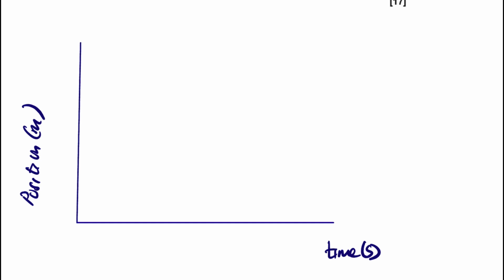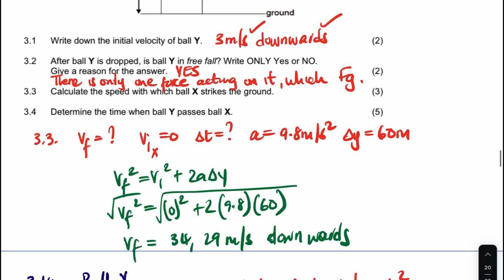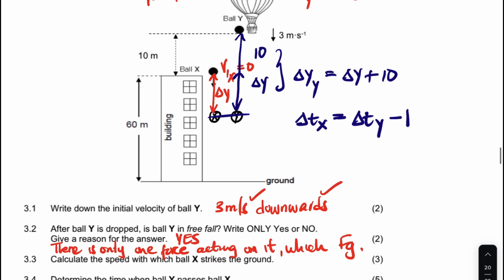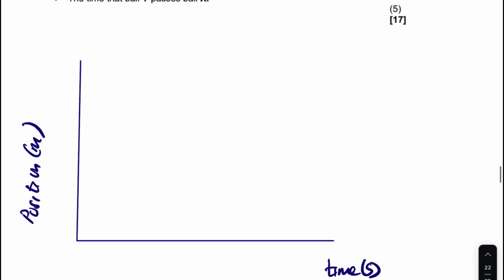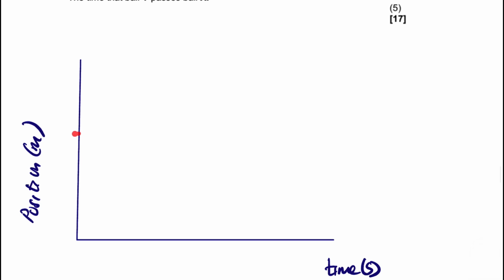So let me start with the easy one. Let me start with the x. The x was thrown from the 60-meter height, and this one was dropped. This was dropped from a 60-meter height. This one was dropped from 70-meter height. So our heights here are going to be 60, and then we're going to have 70, right?